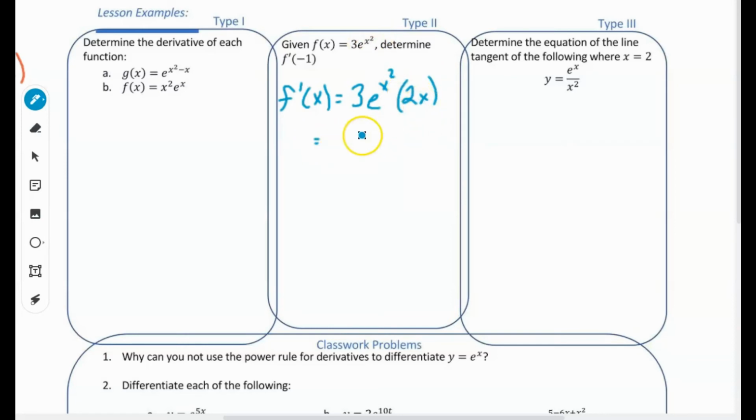So we can simplify that a little bit, which gives us 6x e to the x squared. Now if we want to figure out what that is at -1, we're just going to substitute -1 in for x. So we have 6 times -1 times e to the -1 squared, which would be positive 1. Okay, so there we go. We have -6e.